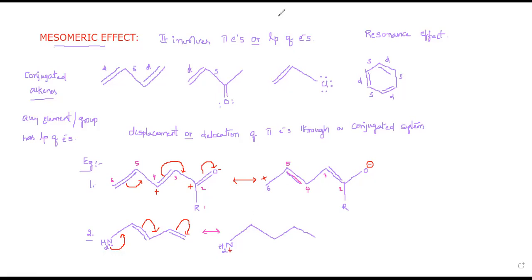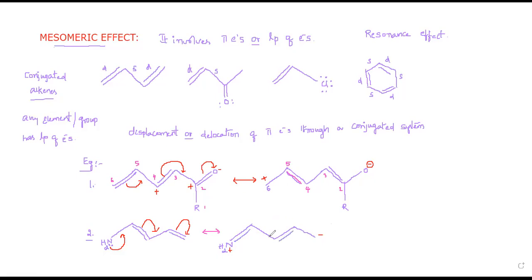And as it has taken the electrons, it gets a negative charge. And finally the double bond is shifted, not here, now the double bond is shifted here. You can even represent with their numbers also. Sorry, double bond comes here, and the double bond comes here.